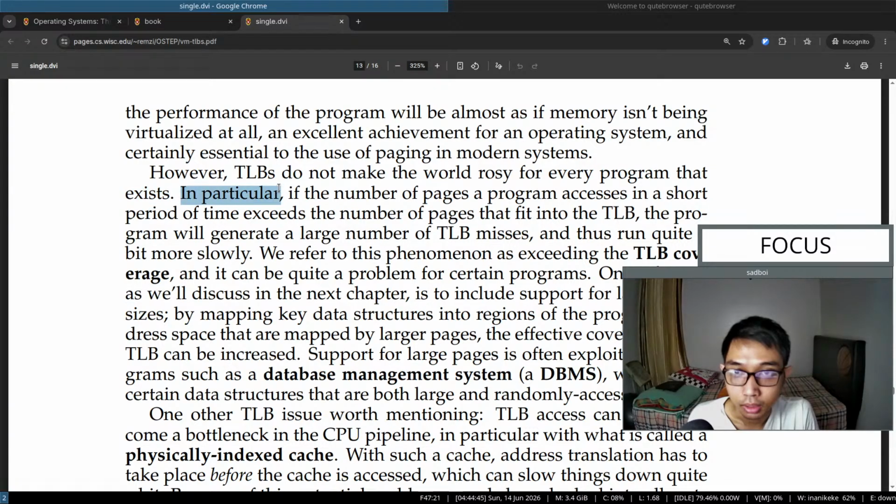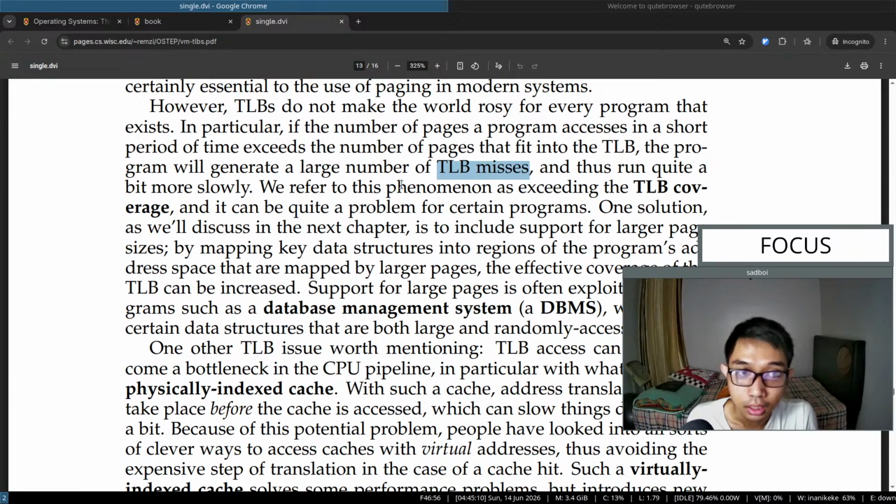In particular, if the number of pages a program accesses in a short period of time exceeds the number of pages that fit into the TLB, right, the program will generate a large number of translation look-aside buffer misses, and thus run quite a bit more slowly.